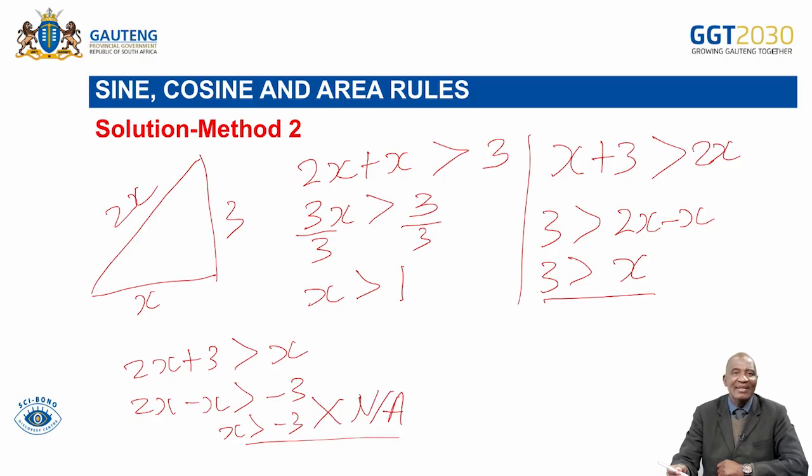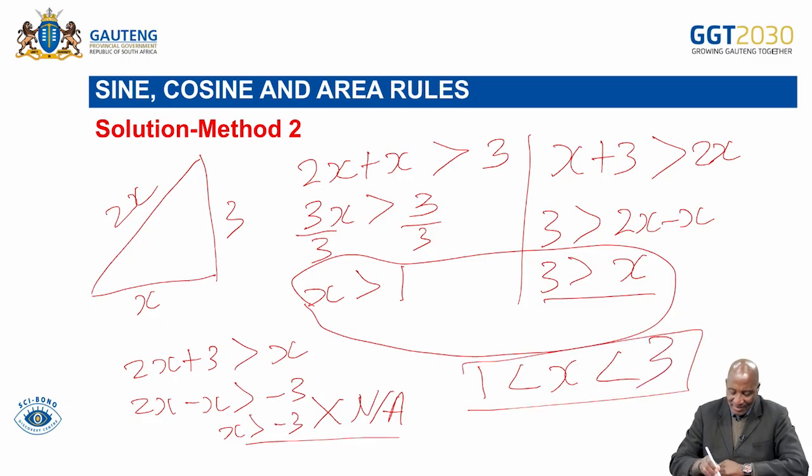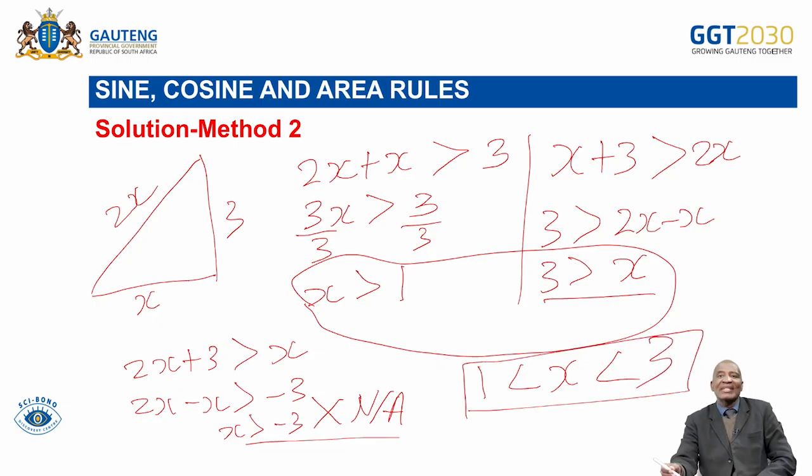It's a triangle. Distance can't be negative. So this automatically falls away. Then I'm left with only these two here, wherein I can rearrange and say 1 is less than x and that x is less than 3. That could have been your alternative approach to the question.